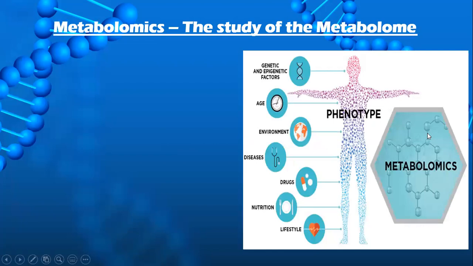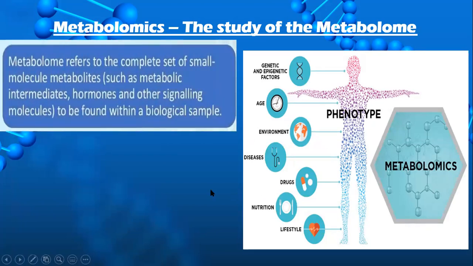Coming to another term, metabolomics, which is the study of the metabolome. And what is the metabolome? A metabolome can refer to the complete set of small molecule metabolites present in a biological sample. These small molecule metabolites could be metabolic intermediates, hormones, and other signaling molecules.